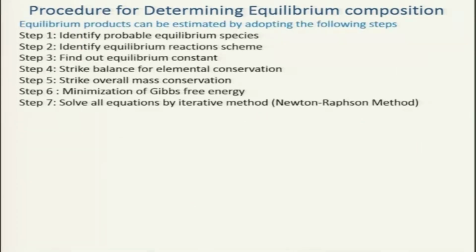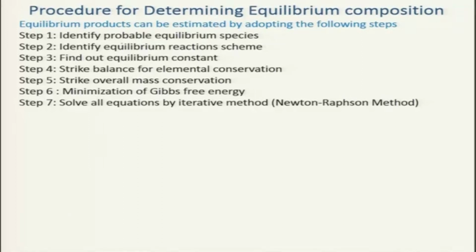Let us now find out a procedure for how to determine the equilibrium composition. As I told earlier, it is very important to know the temperature for finding out equilibrium, and for finding out the temperature, we must also know the equilibrium composition. For that, we will have to follow this procedure that I have enumerated here.